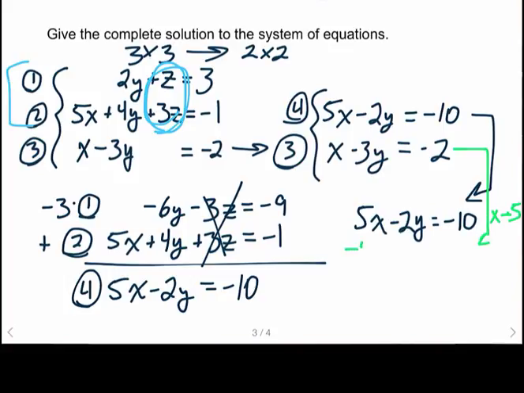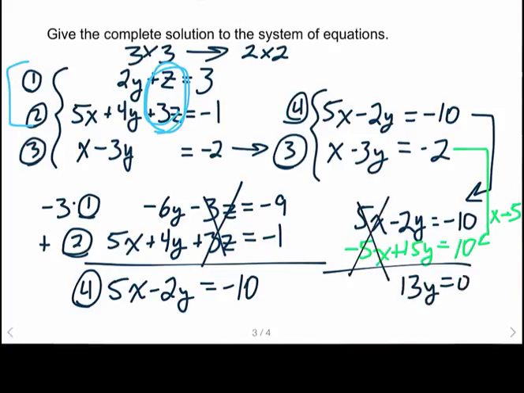What that's going to look like is -5x plus 15y is equal to 10. When I add those two equations together, we end up with 13y is equal to 0. Well, if 13 times y is equal to 0, that means y itself is equal to 0.